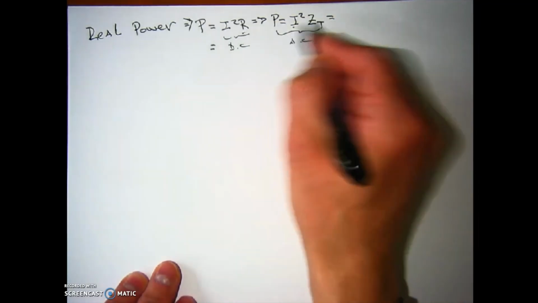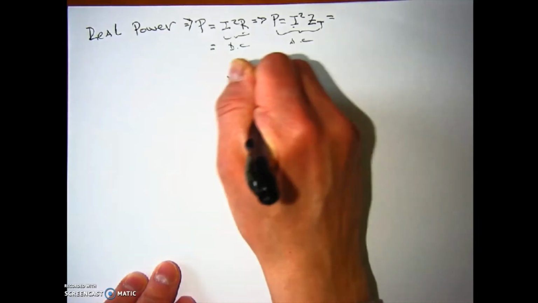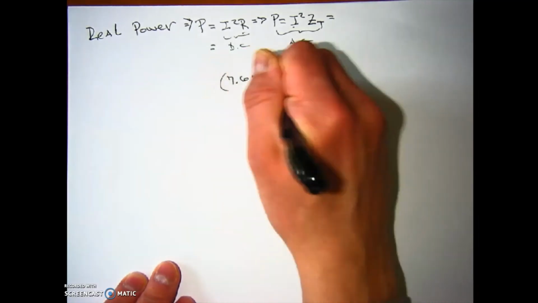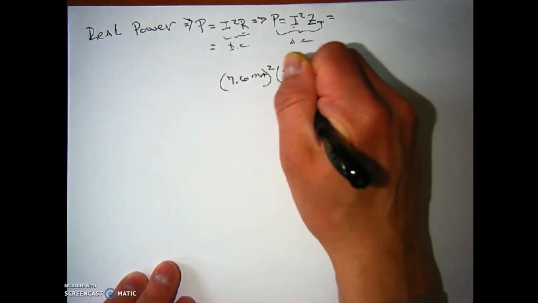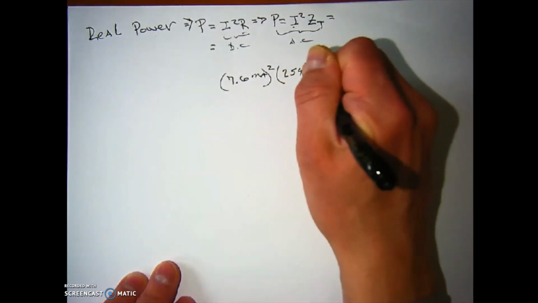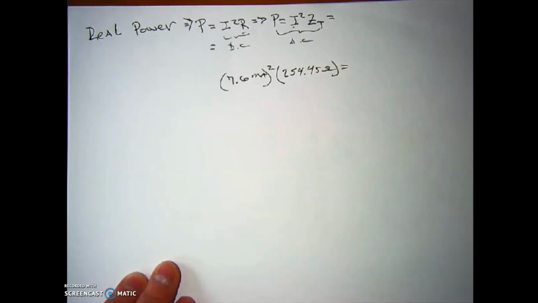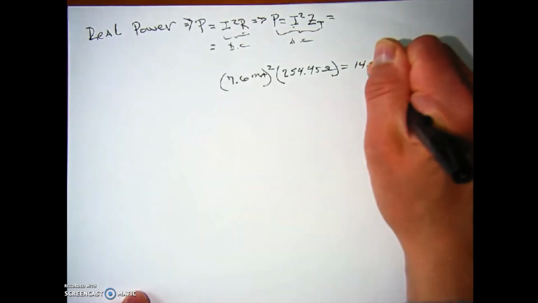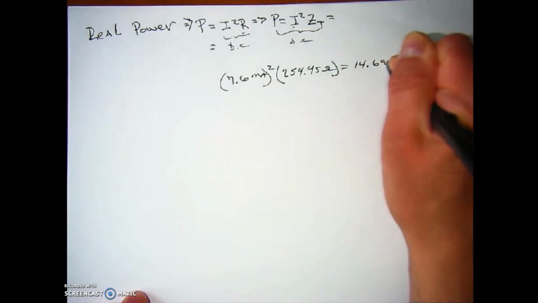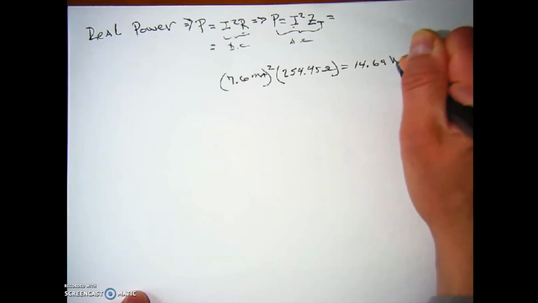Since we already know I squared and our impedance of our circuit, we take 7.60 milliamperes, square it, and multiply that by 254.45 ohms, which gives us 14.69 watts of power.